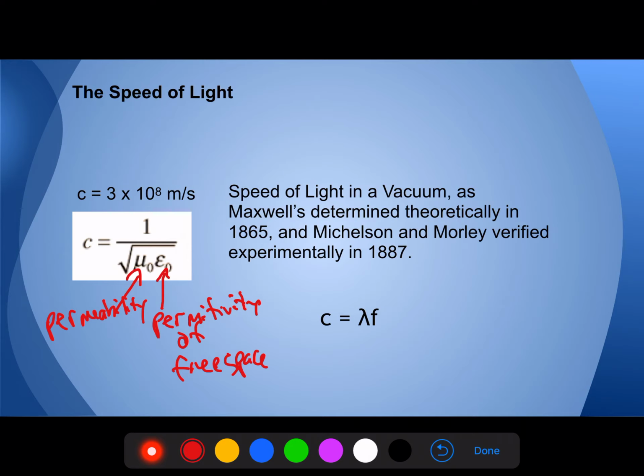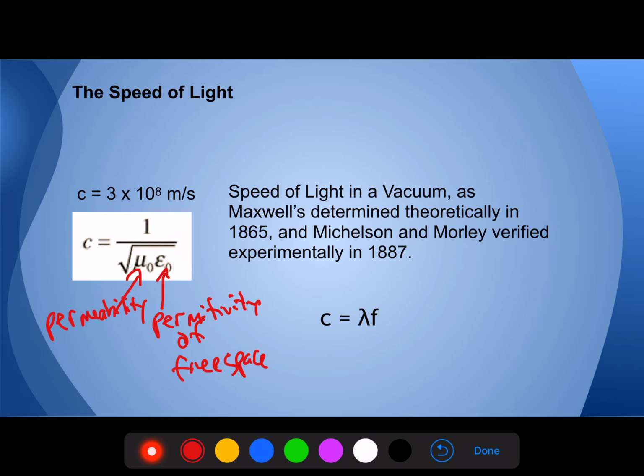Then if you place them into this formula, basically you're multiplying them and taking the square root. 1 over that value will turn out to give you 3 times 10 to the 8 meters per second. And so this gives a theoretical basis for the speed of light.